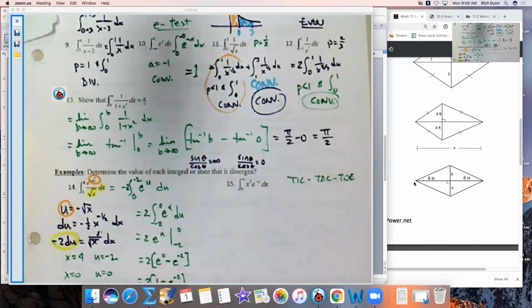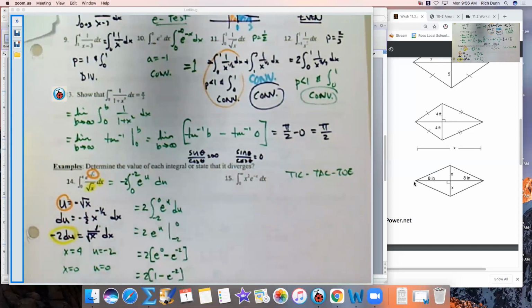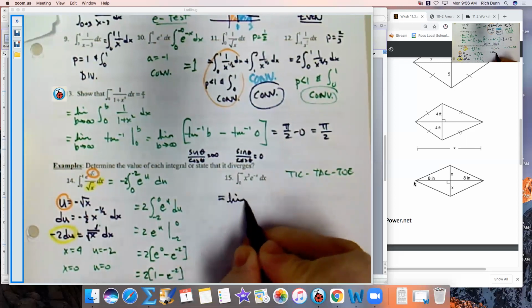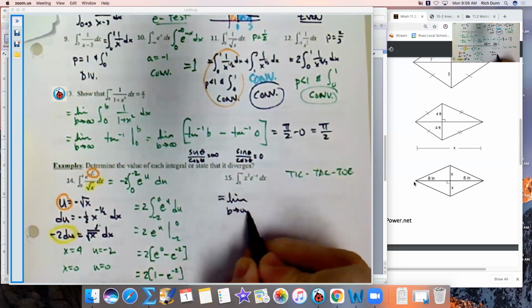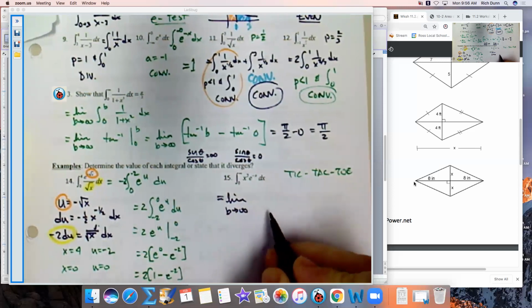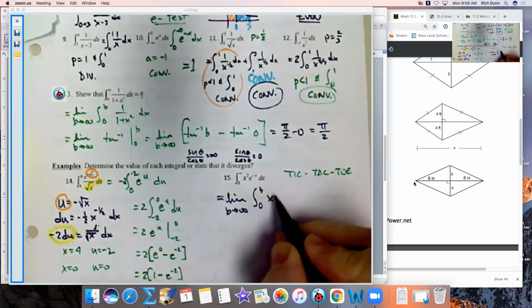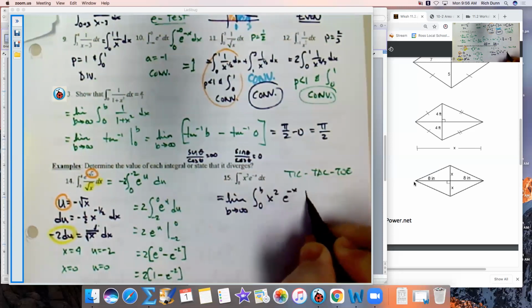But before we do that, you'll see that we are going to infinity, so this is improper. The limit as b goes to infinity of this thing has to be written first before we start any tic-tac-toe.